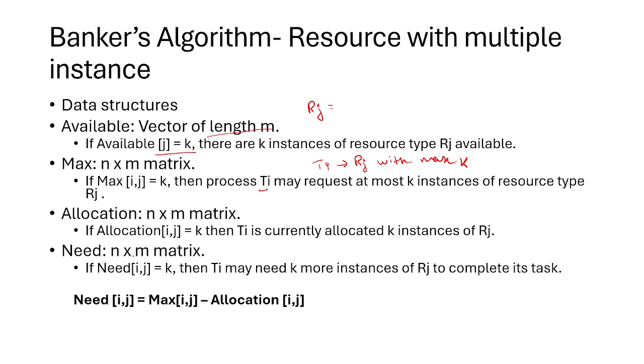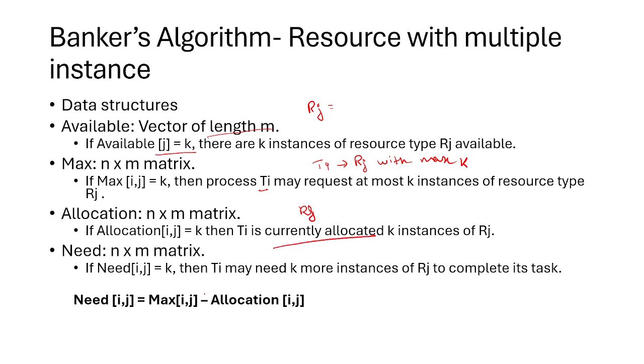It is an n cross m matrix. Here if Allocation[i][j] = k, it means that for thread Ti, k instances of resource Rj have currently been allocated.